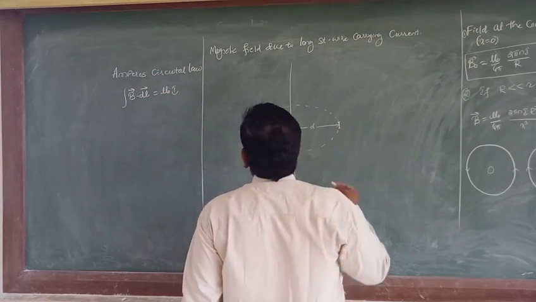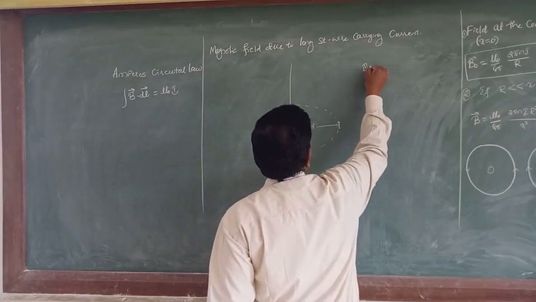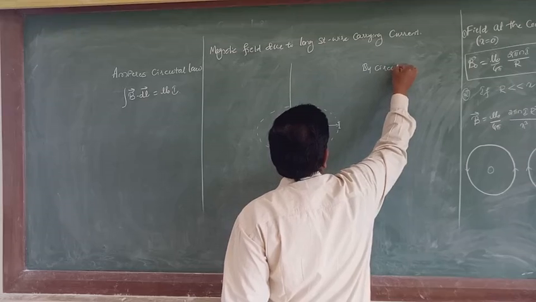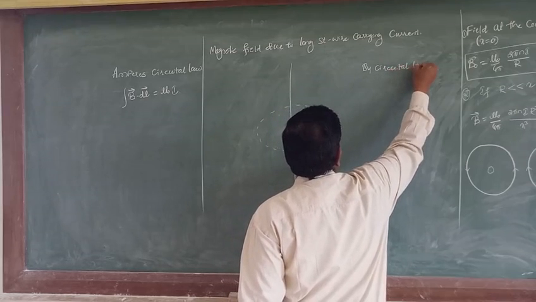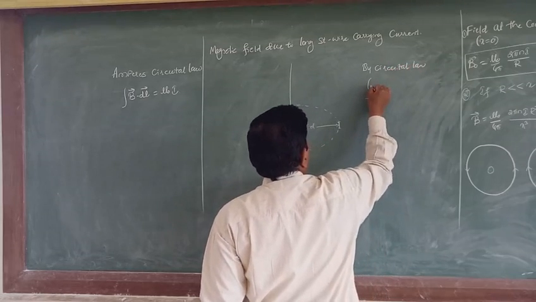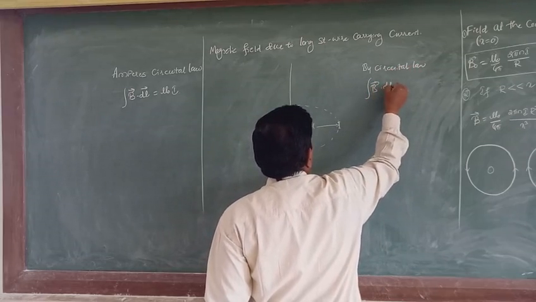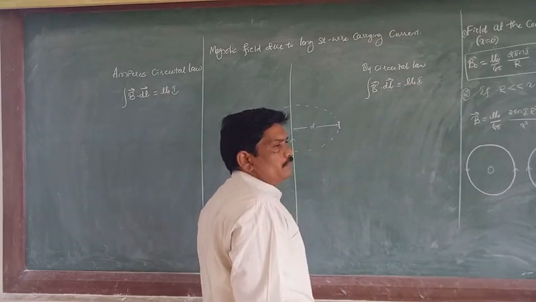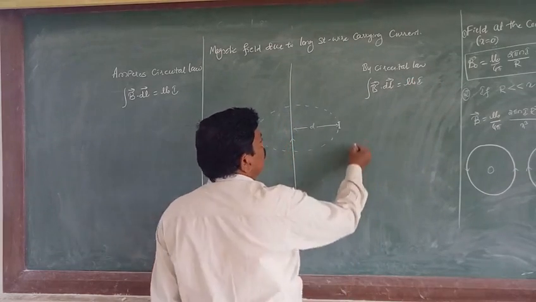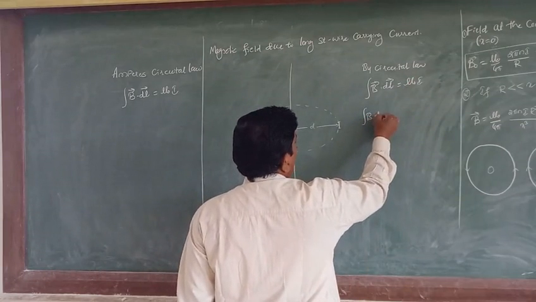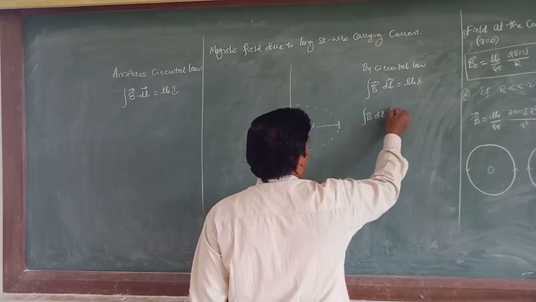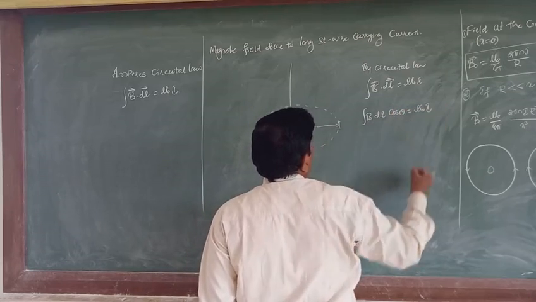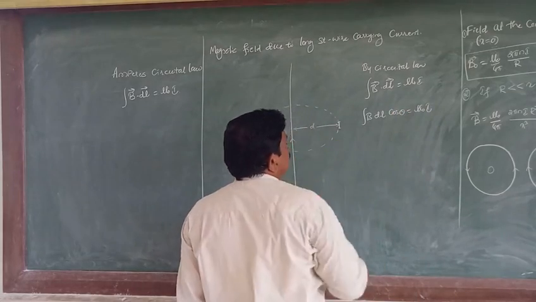Okay, by Ampere's circuital law, line integral of B dot dl equals mu naught times I. Here B dot dl means B dl cos theta equals mu naught times I, and here theta equals 0.